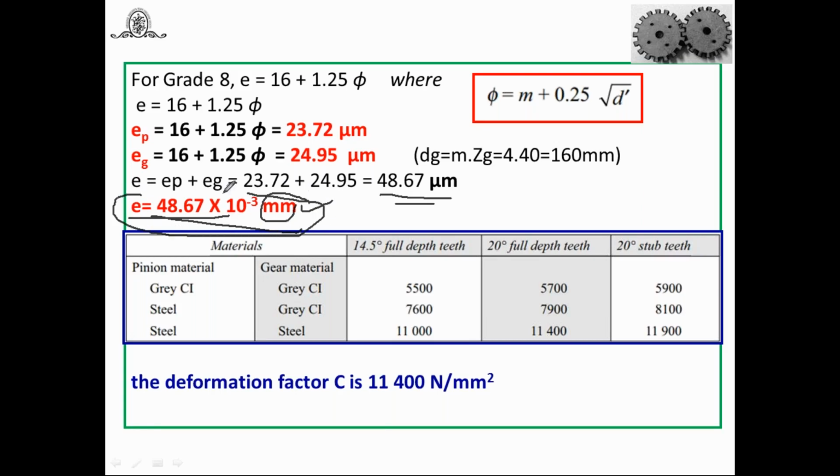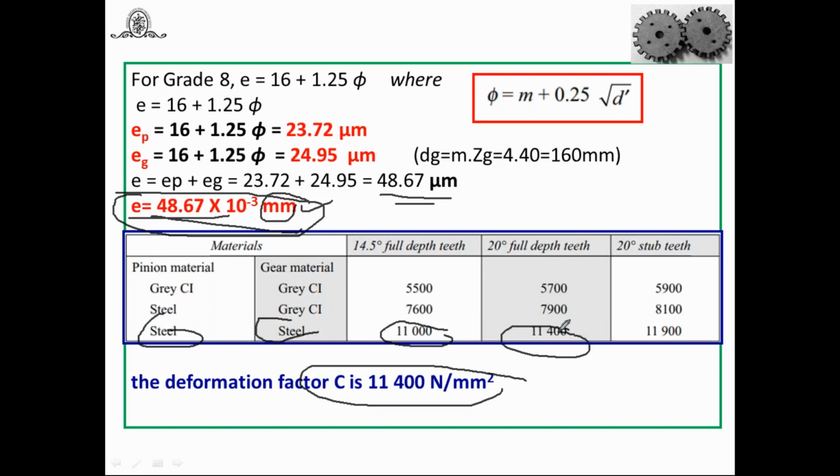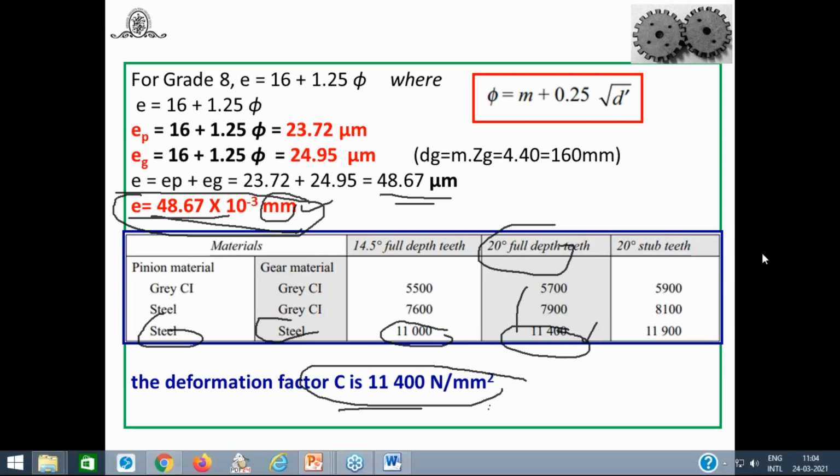Now we have E. We have a deformation factor from the chart as mentioned earlier, here for the 20 degree depth involute system. Now let us calculate the PD.